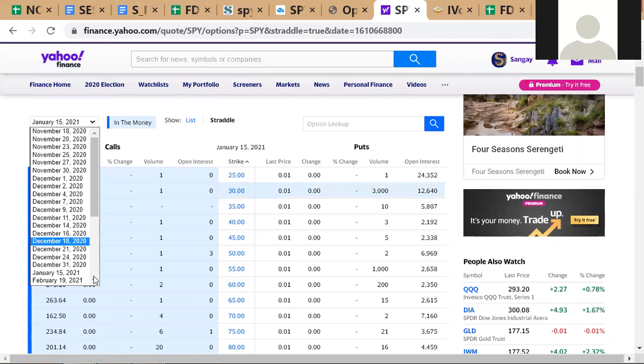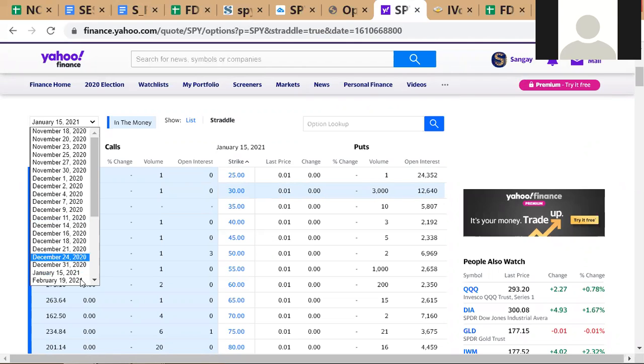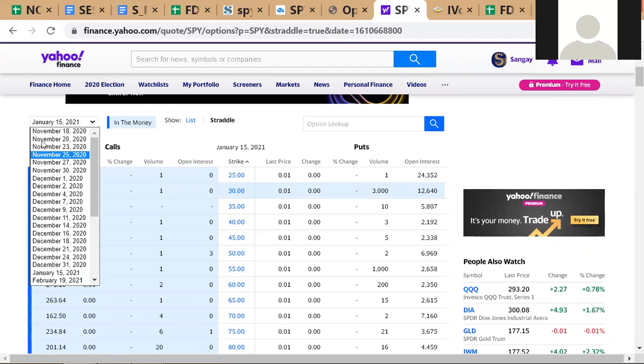But generally, I'll give you a very quick guide. In general, when you're buying options, go long term. And when you're selling options, go short term. Short term means 15 days or less, and long term means anything more than that. Don't worry about your project being only 4 weeks. Go as far out as you can, where you get good bid offer prices, low bid offer spreads.